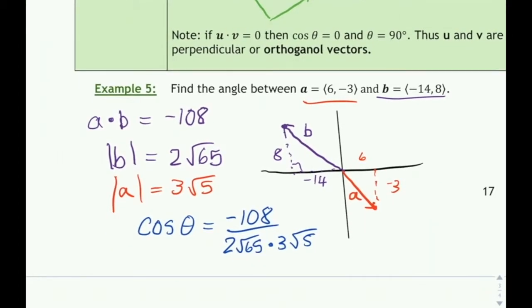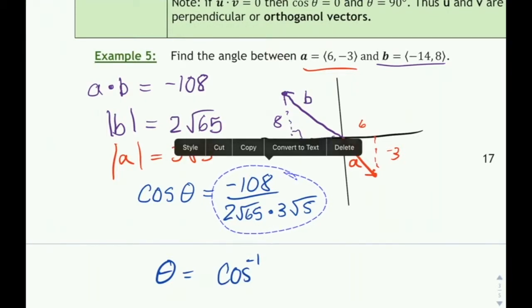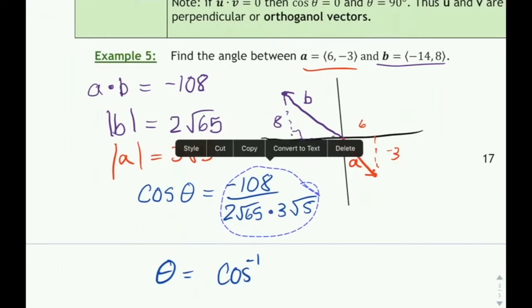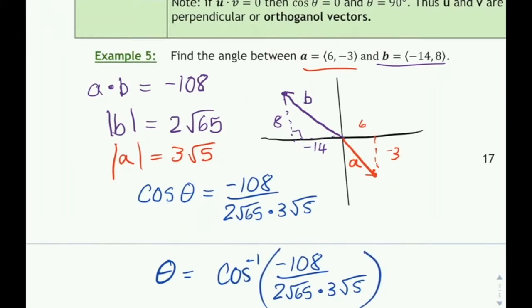If you want to find the angle, you'd have to do some arc cosine. So angle theta would be arc cosine of that value, which you could do in two steps, or type it in and use your answer key to do arc cosine of that value. It depends on what you find easiest to type into your calculator.